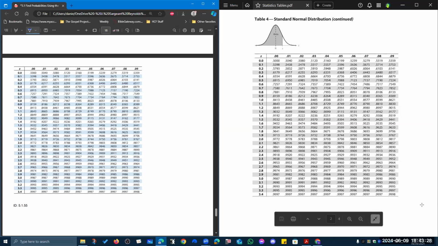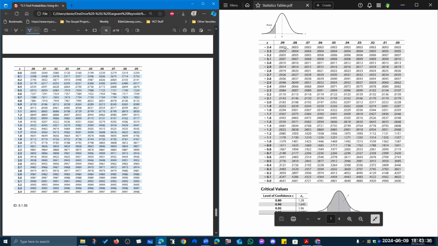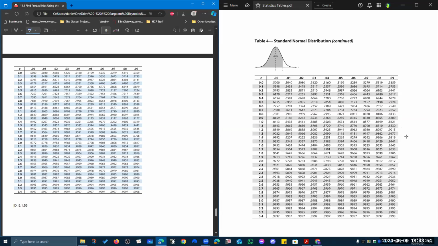Some textbooks are going to tell you to use 0.9999 and 0.0001, but usually our teachers are going to tell you to use 1 and 0. If you want to know how much is to the right of a number that is less than negative 3.5, that's basically the whole curve to the right, which will be 1.